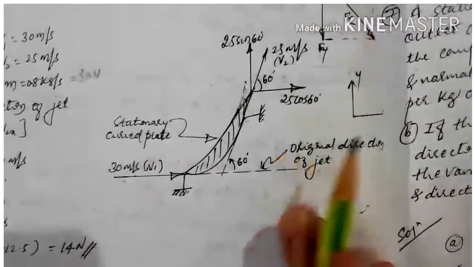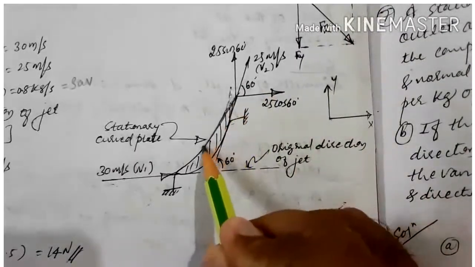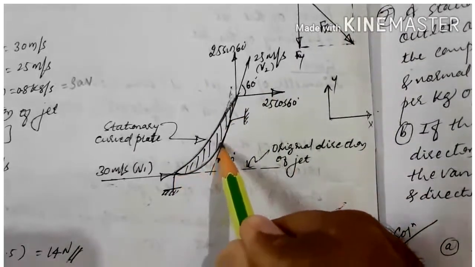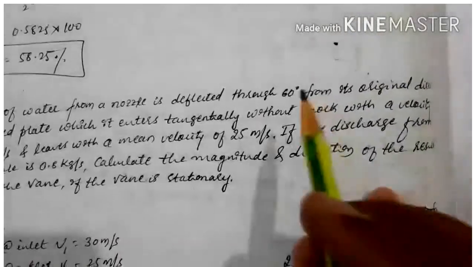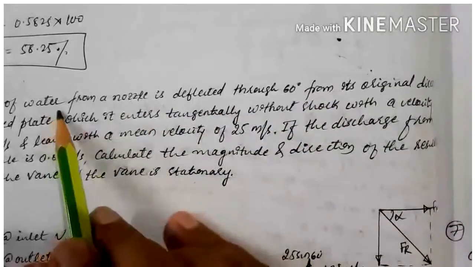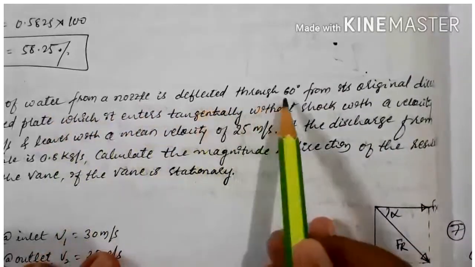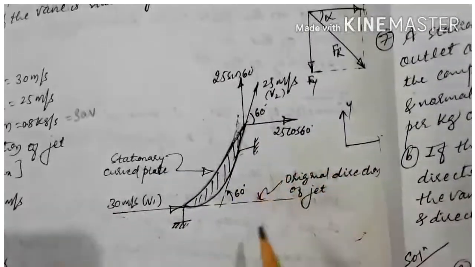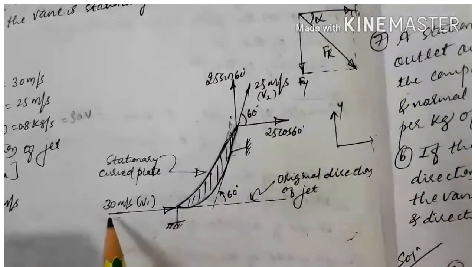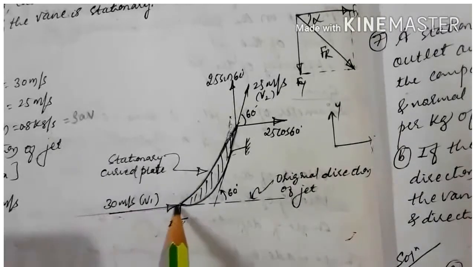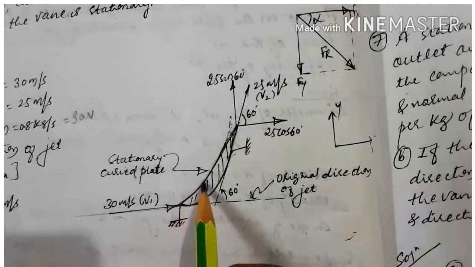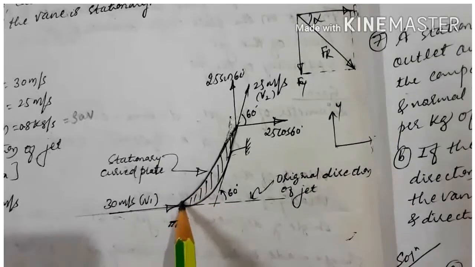First, with the given data, you draw the figure. So this is the curved vane, given like this. Here, the jet of water from the nozzle is deflected through an angle of 60 degrees from its original direction, which means this is the direction of the jet entering tangentially into the passage of the curved vane.